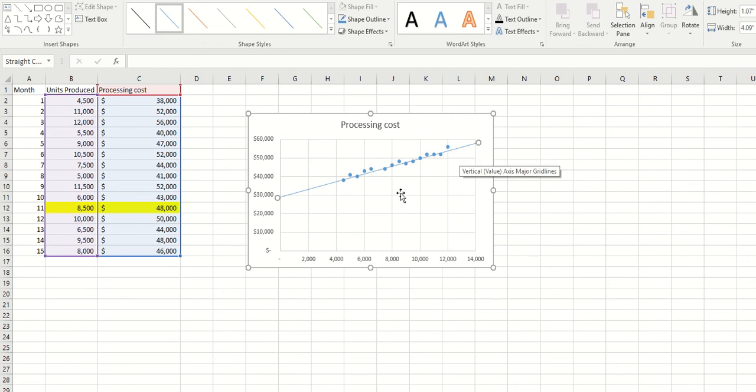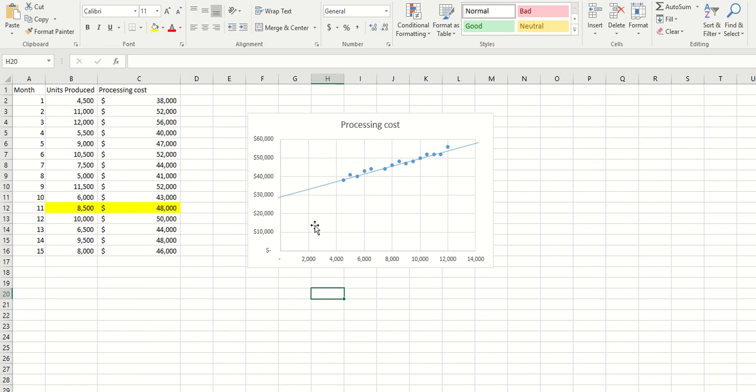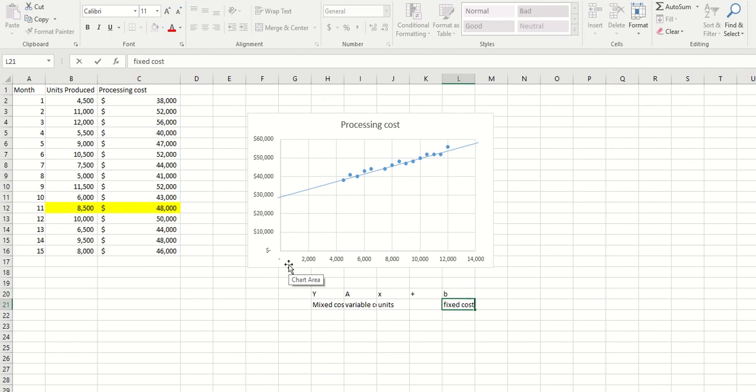And so for the quick and dirty method, and all of our problems, we have a mixed cost. Y is the mixed cost. Mixed cost equals A, which is the variable cost, times X, the number of units, plus B, which is our fixed cost.